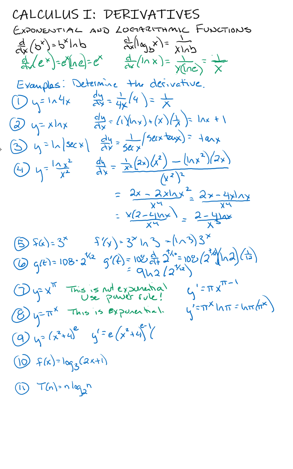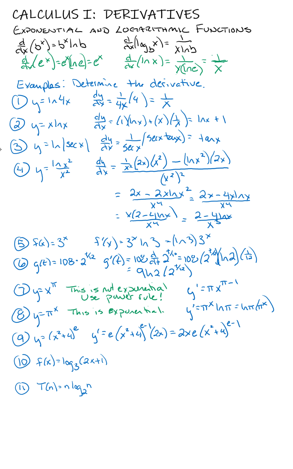That inside, x squared plus 4, the derivative is 2x. I'll just turn things around a little and write that coefficient 2x e, and then x squared plus 4 raised to the e minus 1. All right, so there we go on that one. Again, not an exponential, trying to trick us here.